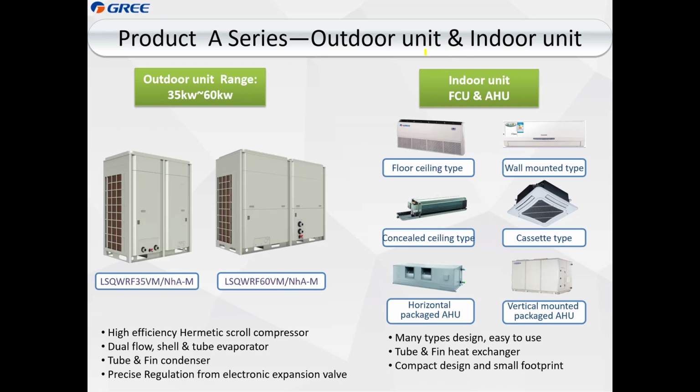And the A series outdoor unit: at present, we mainly focus on the A series. We mainly have 2 modules, 35 kilowatt and 60 kilowatt, and the indoor unit is also the same.